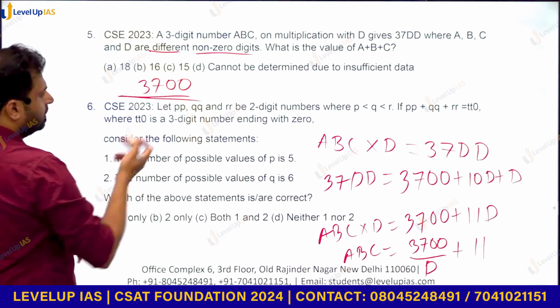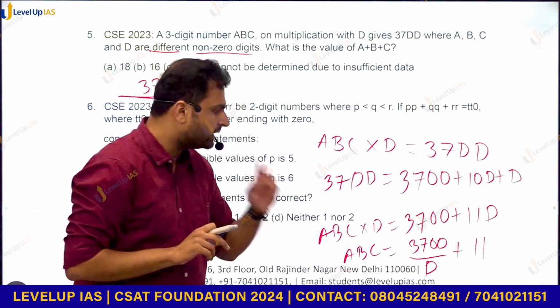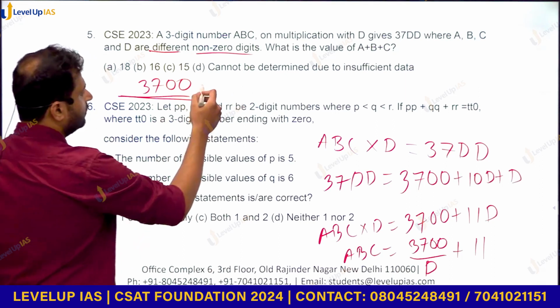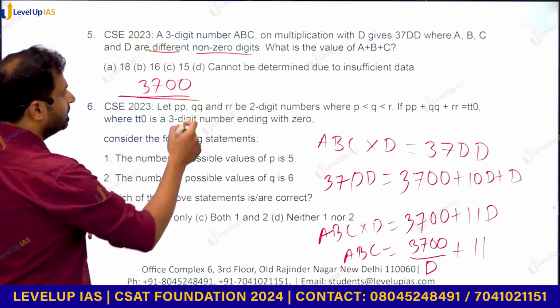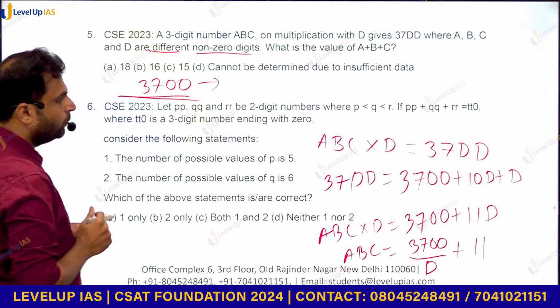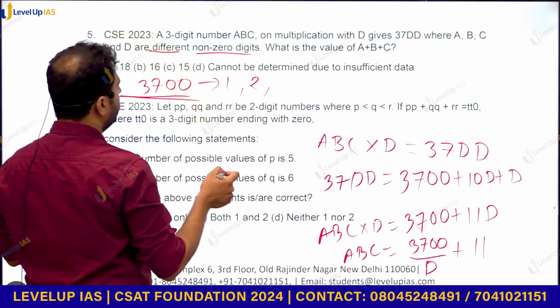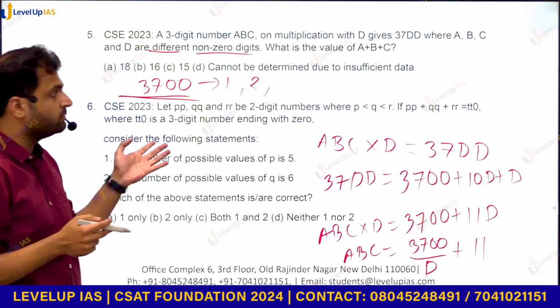We don't even need to factorize 3700, you just have to see what are the possibilities for d. d is a single digit, by the way. d can be 1, d can be 2, d cannot be 3, 3700 is not divisible by 3.